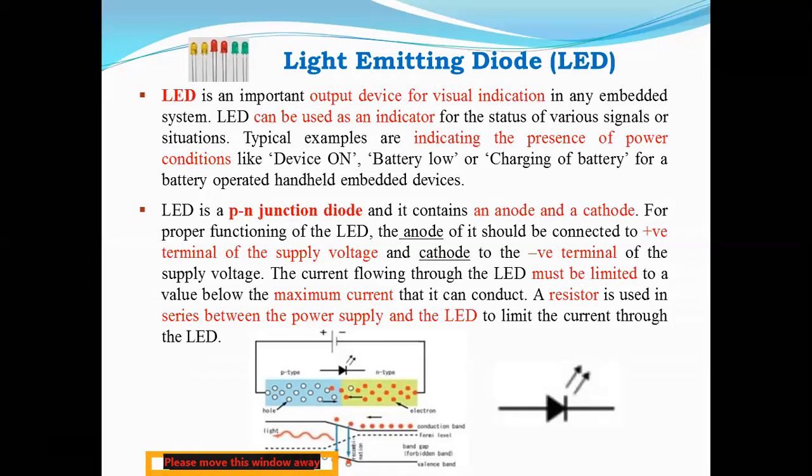So here the LED is acting as an actuator, right? The actuator is there to tell the end user that there is some fault, used to indicate to the end user that something is faulty in the system you are using.